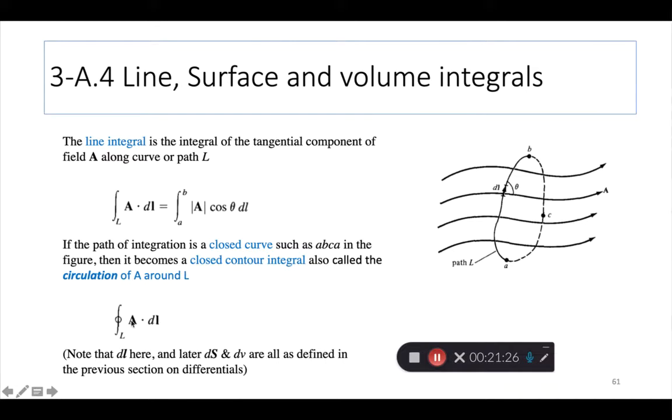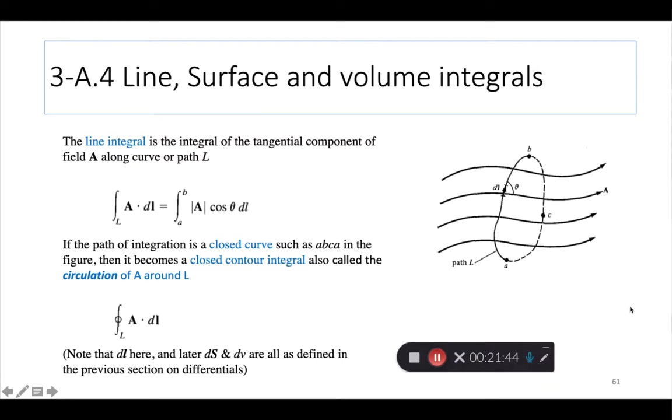So A with a circle, L dot dl, meaning this path L is closed, okay. Now note that dl here, and later we'll use these kind of formulas with ds and dv, are all as defined in the previous section, where we did differentials, okay.